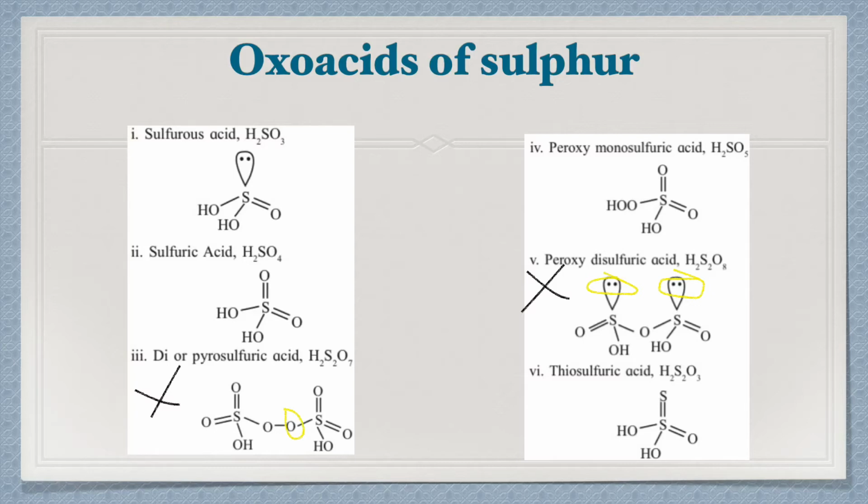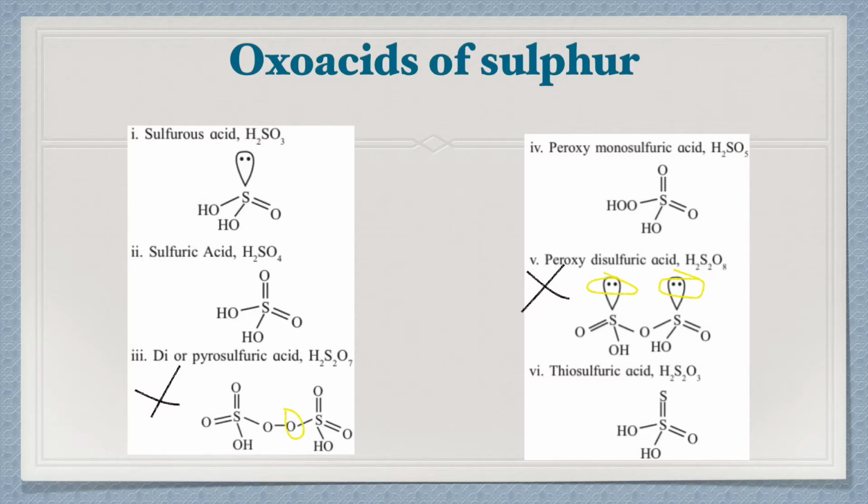Now the next one, sulfuric acid. You know the formula. What is that? H2SO4. Similarly, I'll write down S first, then there are 2 hydrogen in the formula, which means there will be 2 hydroxyl groups, so I have attached the hydroxyl groups. Then I told you there will be 1 double bond O group for sure, so I have added 1 double bond O. Now I'll count how many atoms are completed. 1 S is done, 2 hydrogens are done, and 3 oxygens are done, so 1 oxygen is remaining.